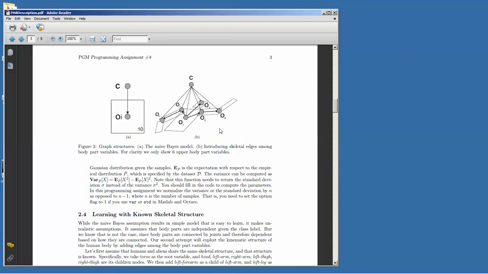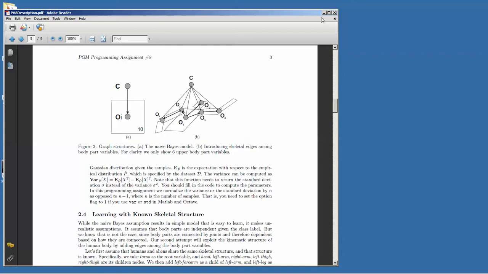So the one on the right side is a much more realistic structure. And as you do different parts of the assignments, by the time you come to classify data, which is obvious, the accuracy for this second model would be way better than the naive Bayes model.